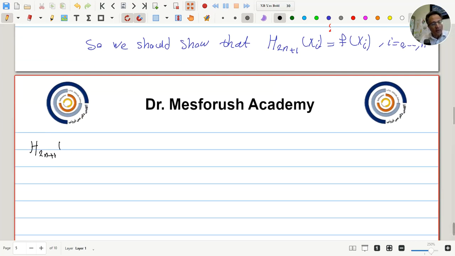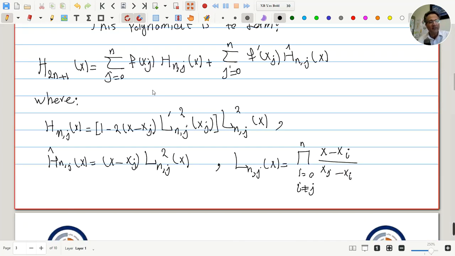Consider H_{2n+1} at x_i, and use the formula that I have written here.